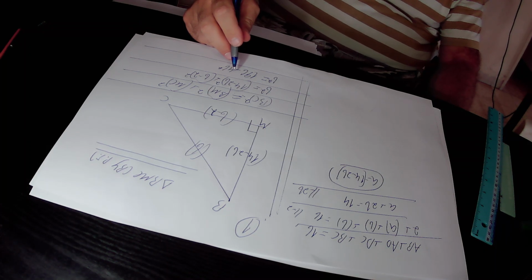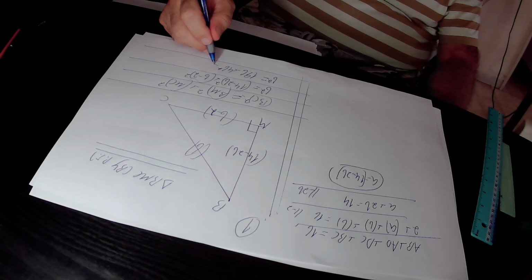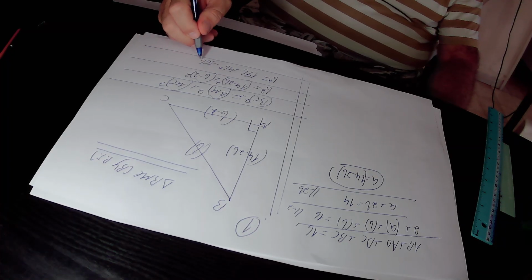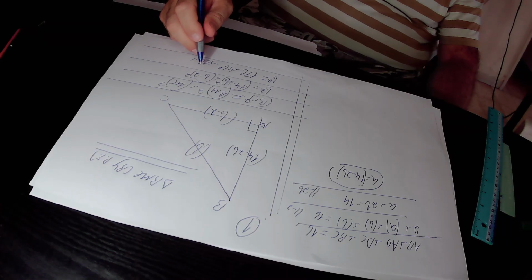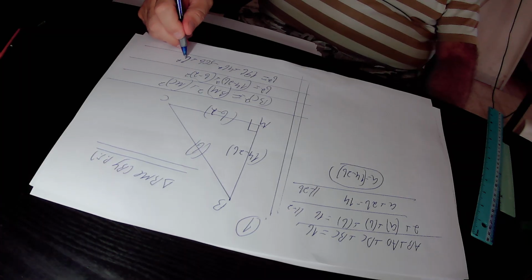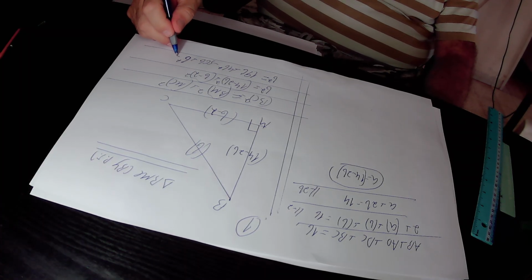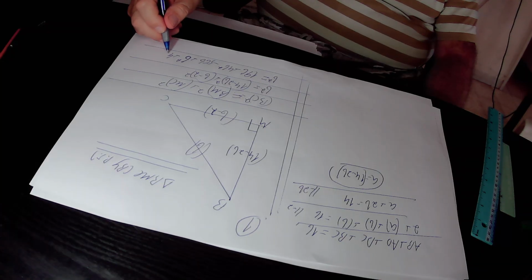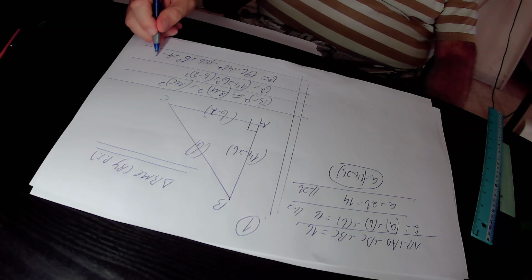Minus 28 times 2B is minus 56B. And we also have plus B minus 2 squared. B minus 2 squared equals B squared plus 2 squared, that is 4, minus 2 times B times 2, that is minus 4B.